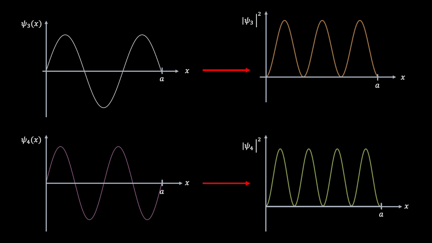We see that as n increases, the quantum mechanical probability density oscillates more and more, and in the limit that n approaches infinity, the oscillations are so compressed that no experiment could possibly have the resolution to observe the oscillations, and in this limit, the particle will have equal probability of being found at any location within the box.